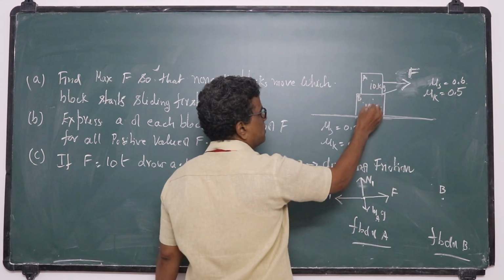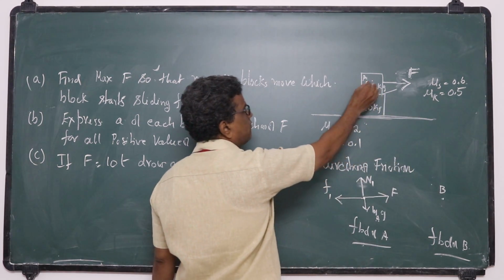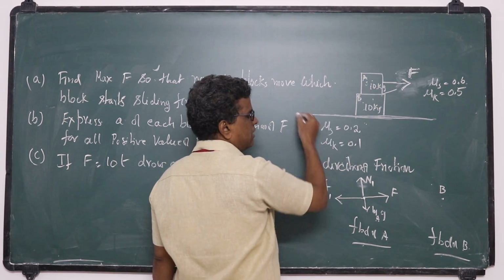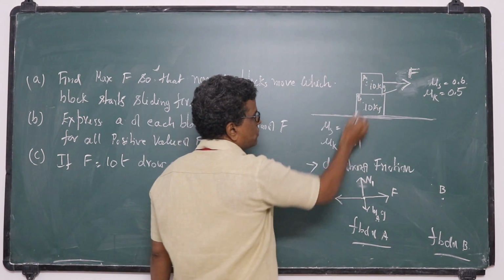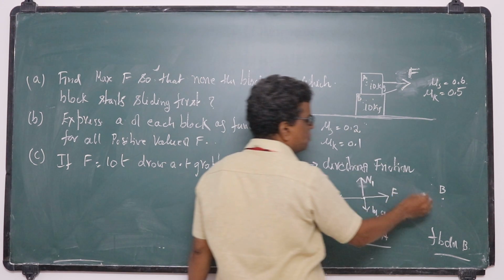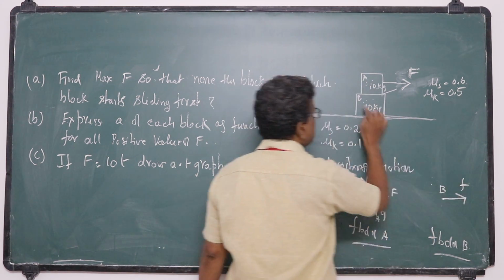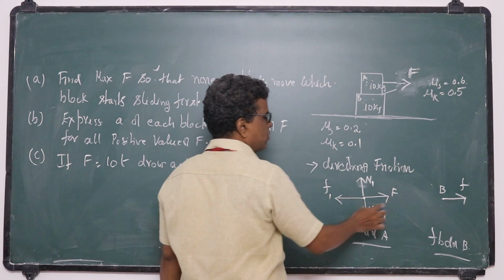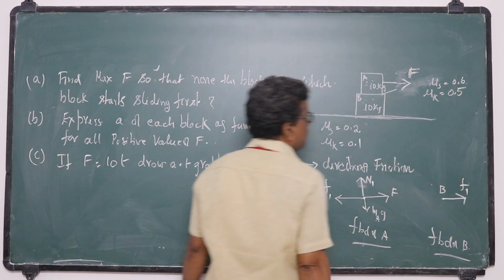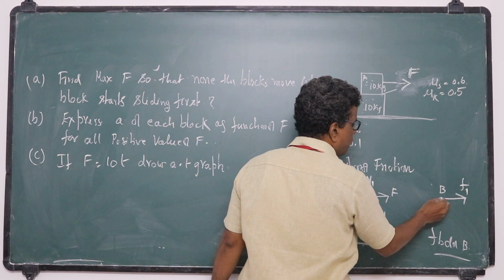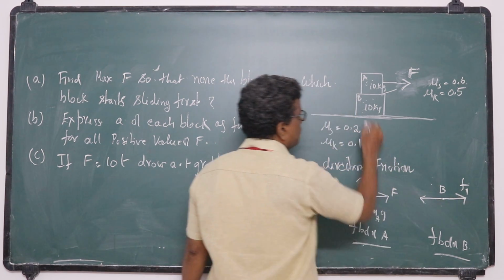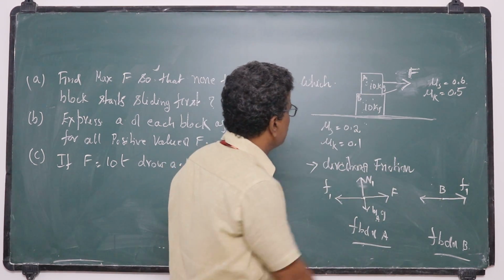There is no external force. The frictional force acting on A is towards left, so the frictional force acting on B is towards right. That is frictional force F1, and it is opposed by the frictional force. These two move together.